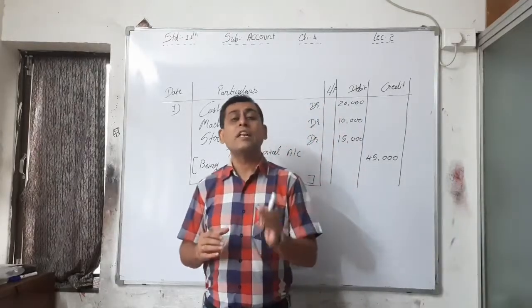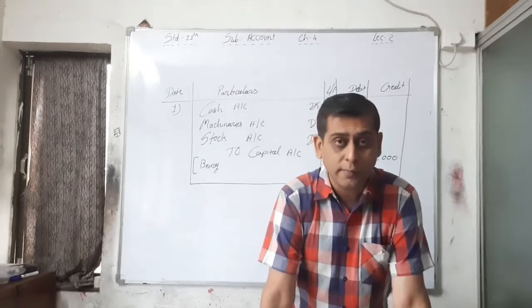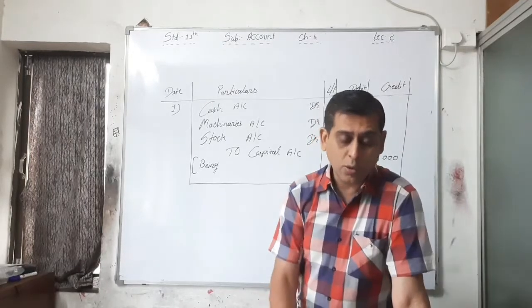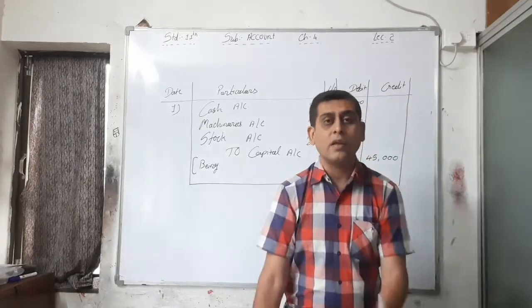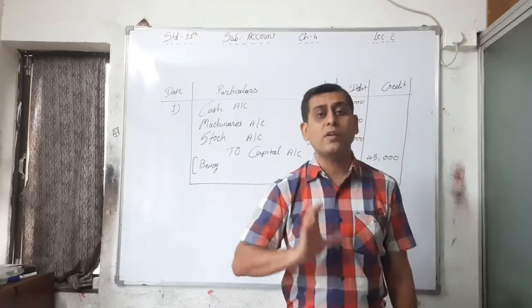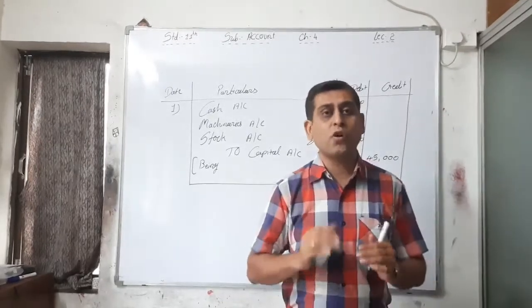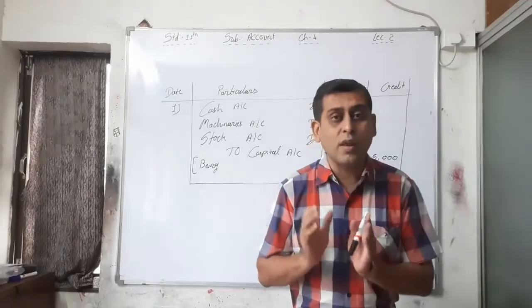Now see, different types of journals are here. Particular types, particular topic is given here. See, but in your examinations there is no particular topic given. It is just for your explanation which type of journal entries will be asked.